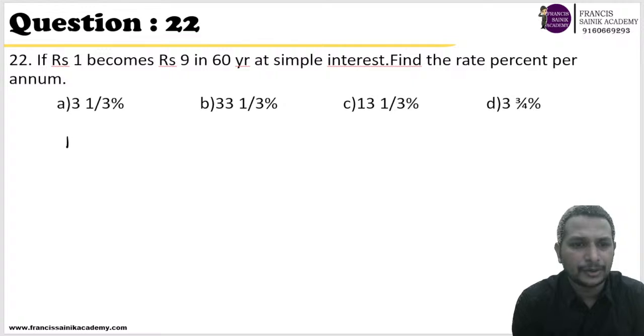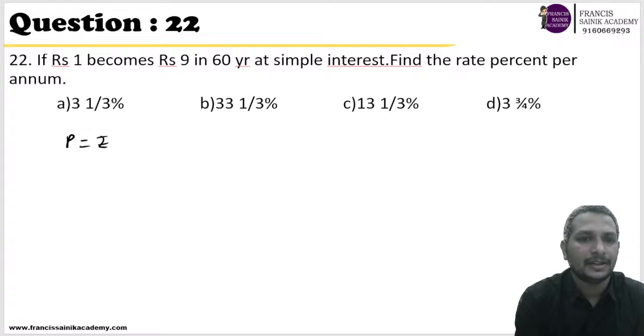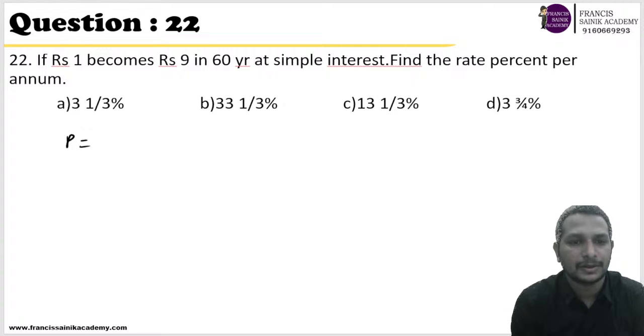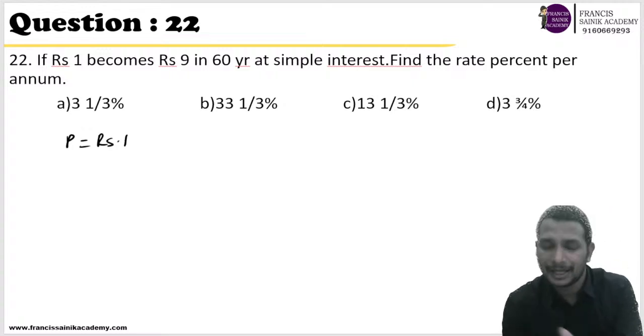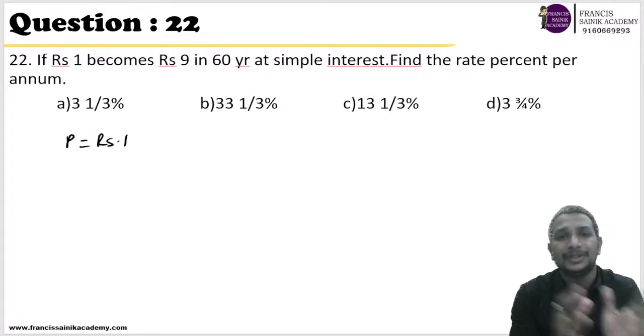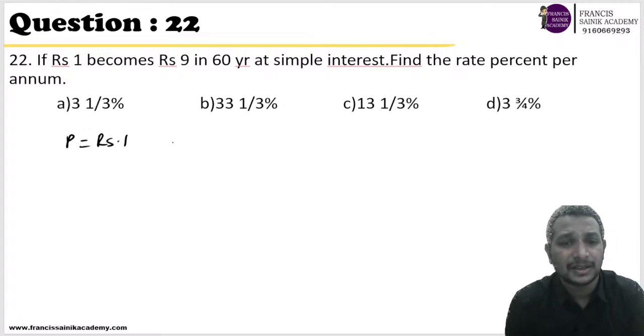Rupees 1 becomes 9 rupees. So the principal is given as 1. It became 9 rupees. 9 rupees means the sum becomes more than the principal, that is nothing but amount. Yes, 1 becomes 9. 9 means that is nothing but amount.